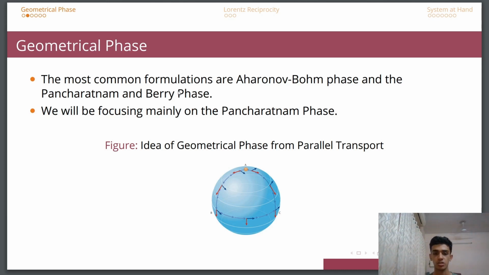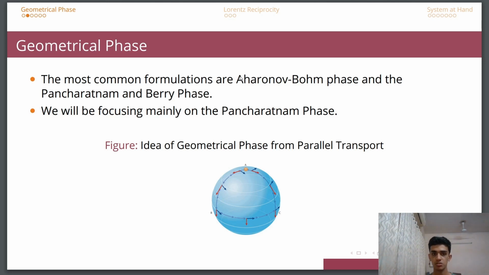Suppose I have a solenoid and I travel my charged particle around it, it obtains a gauge invariant phase factor due to the topological properties of my space. That is the very common Aharonov-Bohm phase.